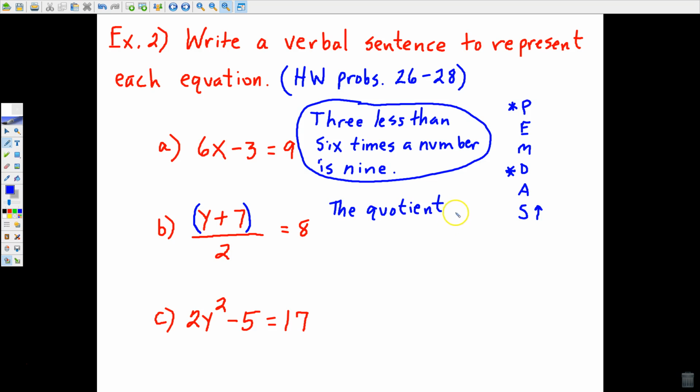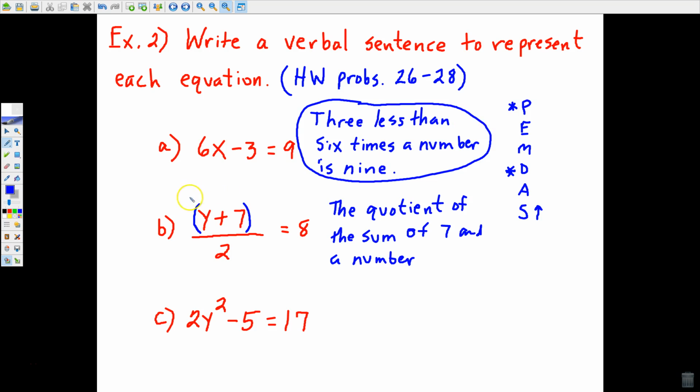All right, so the quotient of the sum, that's, remember, addition, of 7 and a number, or you could say a number and 7. Okay, the quotient of, that's my division, the sum of 7 and a number, that takes care of this numerator.